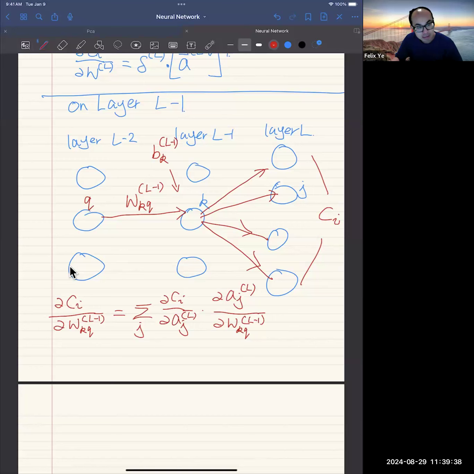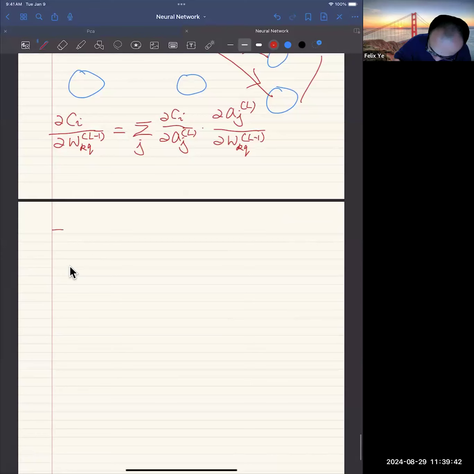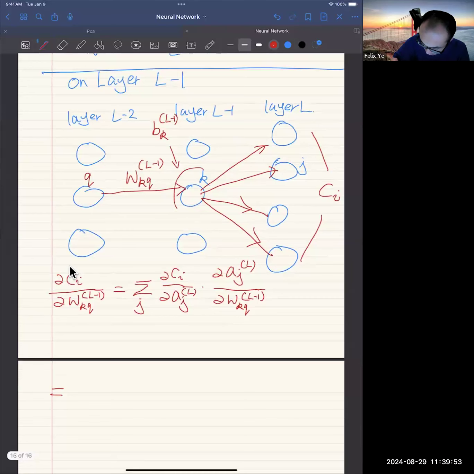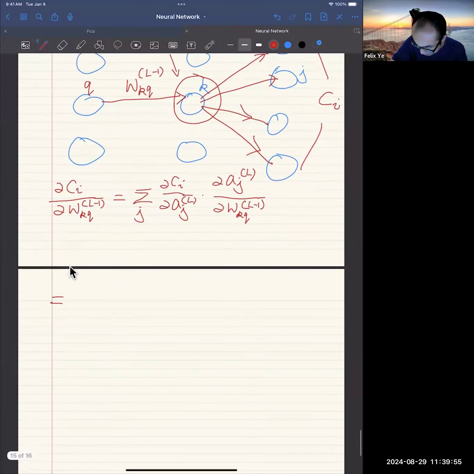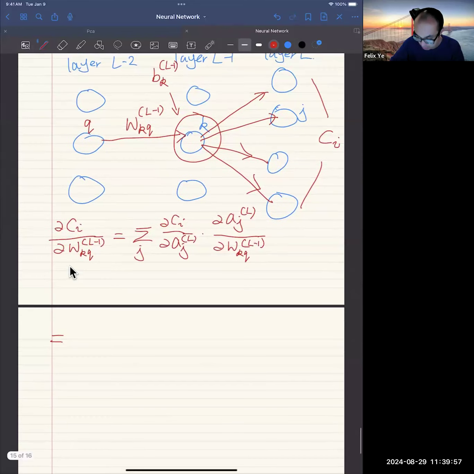All right, so next, we further work out the chain rule, because the only thing that matters is this neuron right here, the K, and every other neuron on the layer L-1 doesn't contribute.